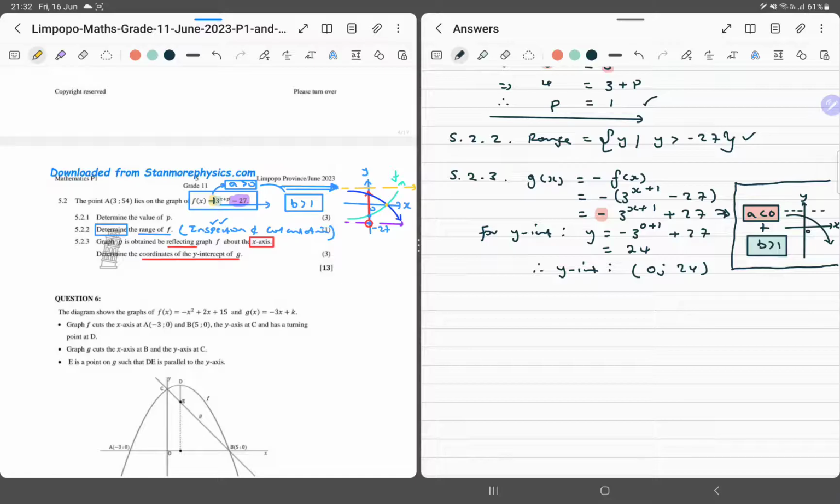I want a detailed answer why the x-intercept is the same as for the other function when we're doing a reflection vertically. Why is it so? And I want that answer in the description.